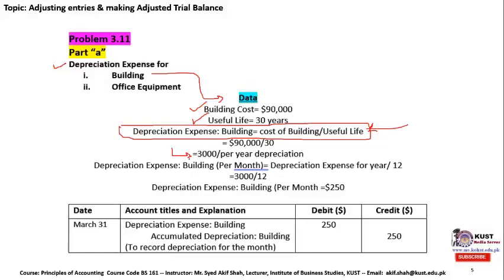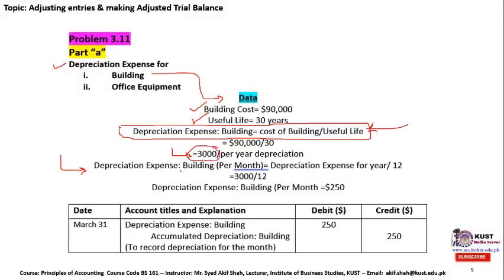This company is charging depreciation against the building at the rate of $3,000 per year. As we are closing our entries monthly, we have to figure out the monthly depreciation expense, and the procedure is to divide this annual depreciation, which is $3,000, by 12 to get the monthly depreciation expense.